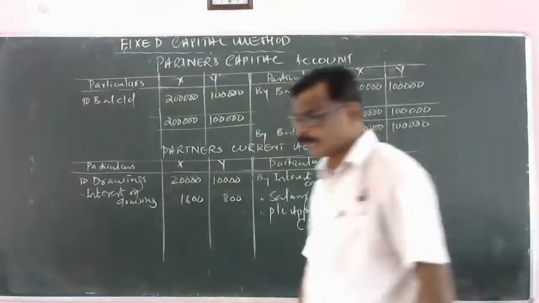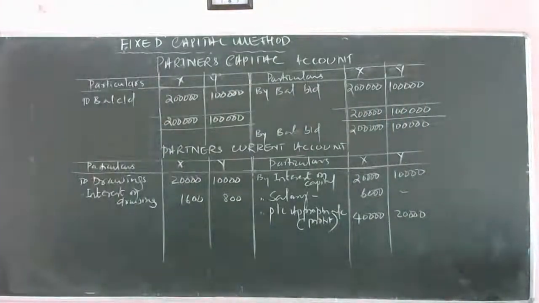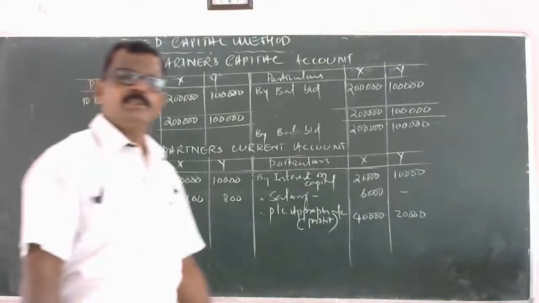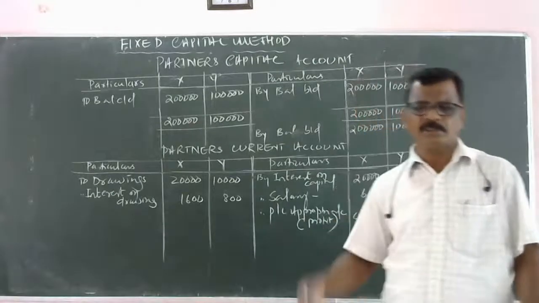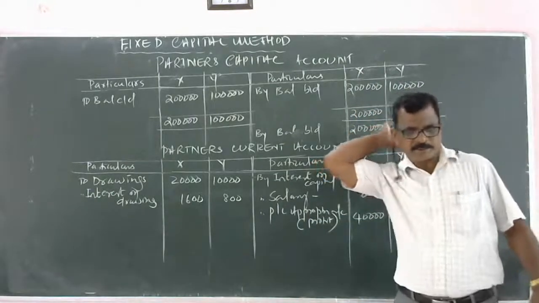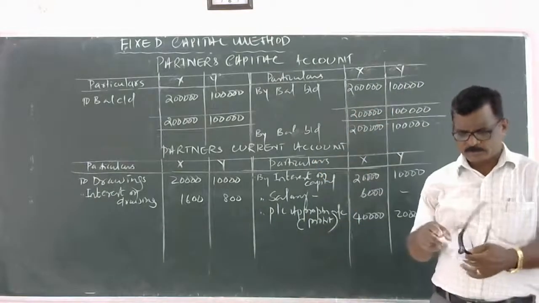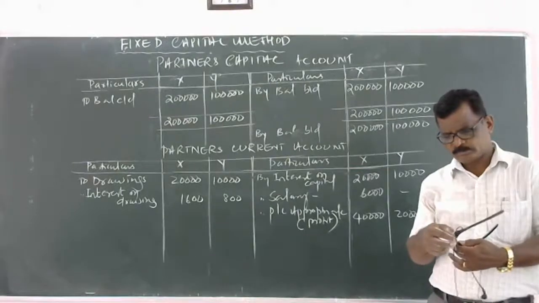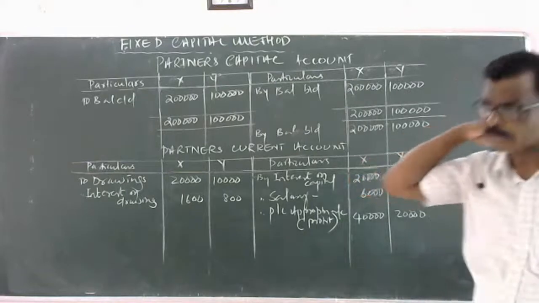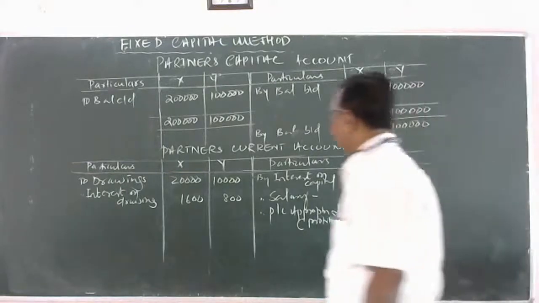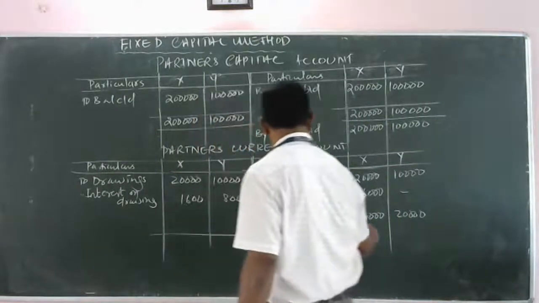So these items are taken in the current account, no other items. Salary, interest on capital, share of profit is credited. Drawings, interest on drawing is debited, right? So here, find out the difference, find out the balance.